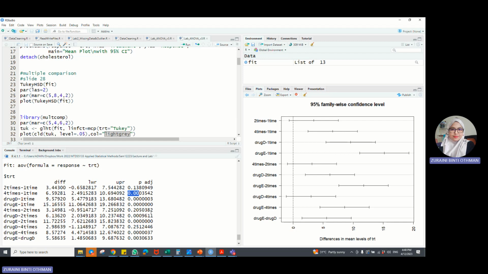You can see that here. Okay, this is the p value between 2 and 1 factor, 4 and 1 factor. And this is the lower and upper, and this is the difference.